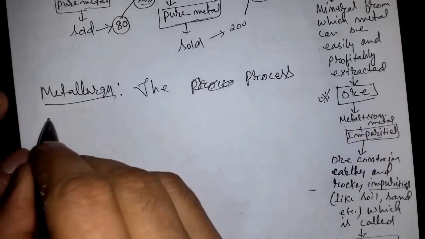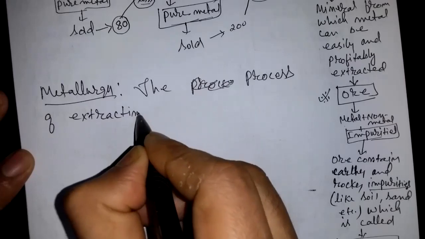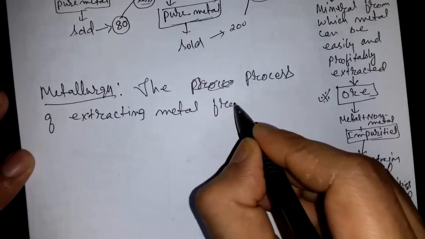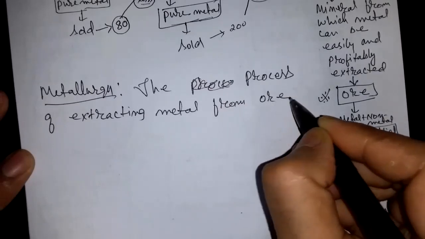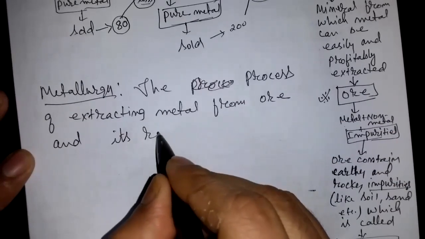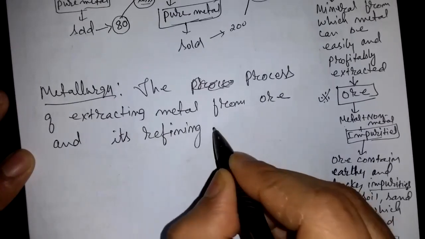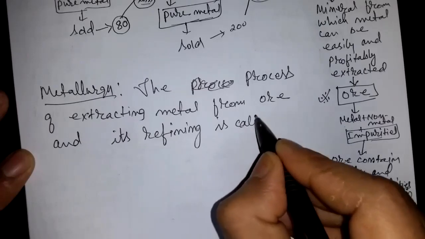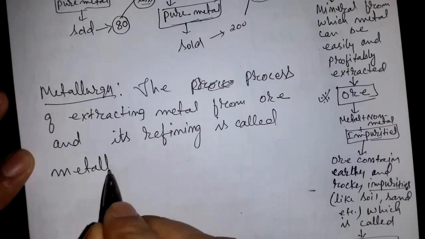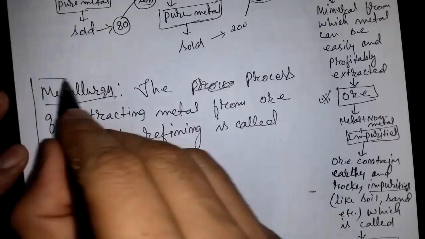So the process of extracting metal from ore and its refining, that means making the metal pure, is called metallurgy. So this is the definition of metallurgy.